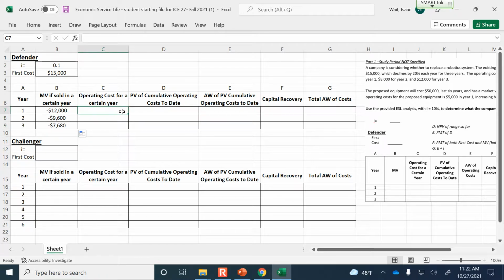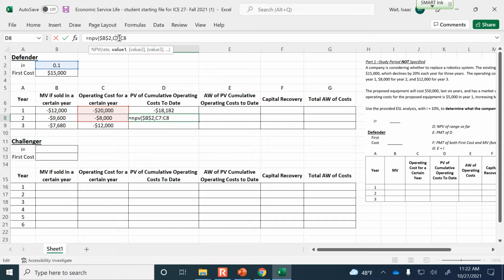Going like this for number of periods. I got another glass for it. Cumulative, does that mean you have to add these two together first?